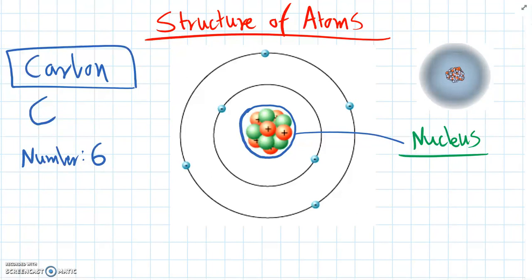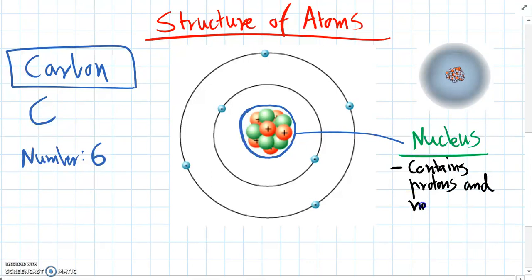It contains the protons and the neutrons. And because the protons and the neutrons are really big and heavy compared to electrons, the nucleus holds pretty much all of the weight, all of the mass of the atom.